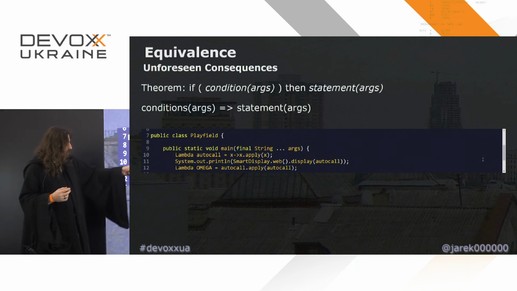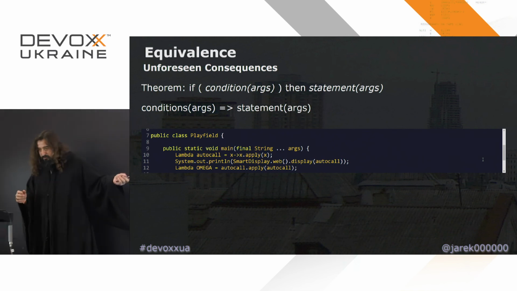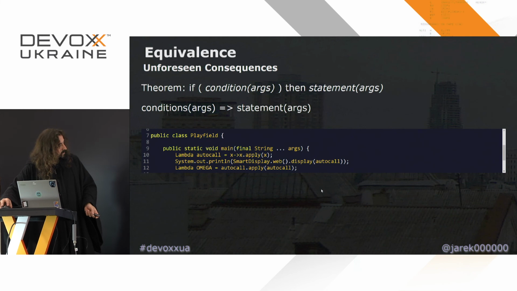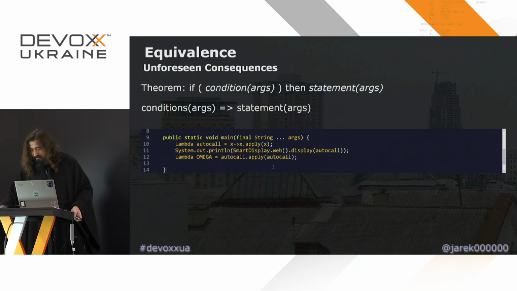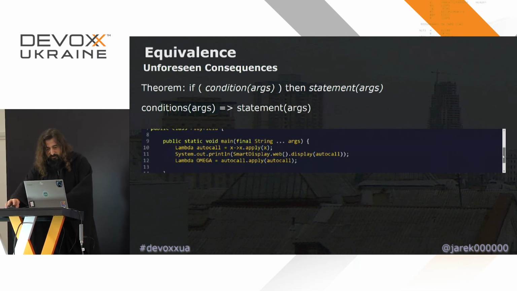The problem is, you've already seen this nasty Lambda called autocall, that you do to yourself. Then we can use it to create something even more nasty, which is called omega, in which I take autocall and apply autocall to itself again. Yeah, this is really bad stuff. Okay, just a moment. This is just a short thing.